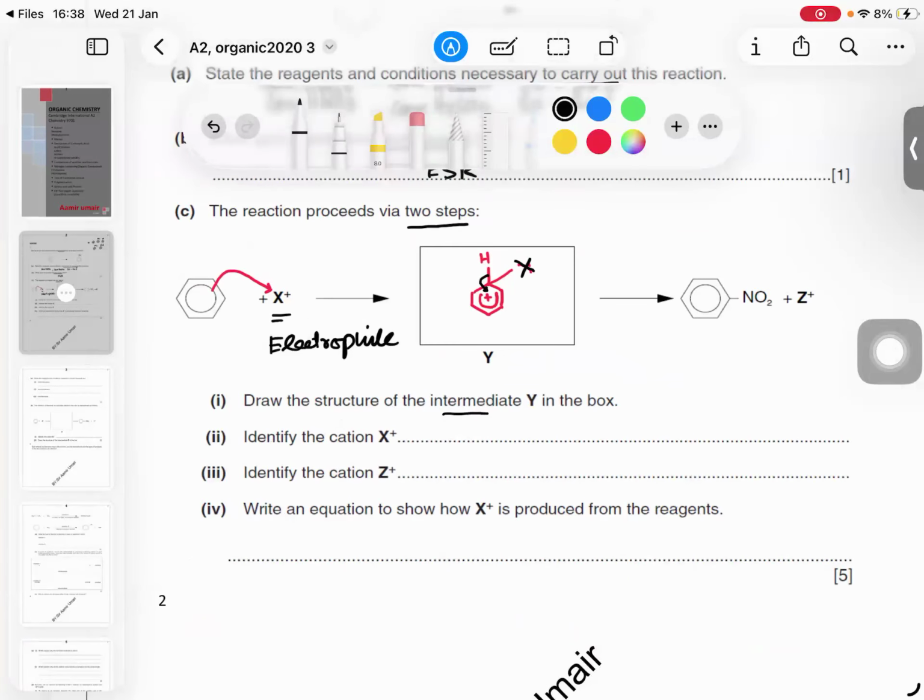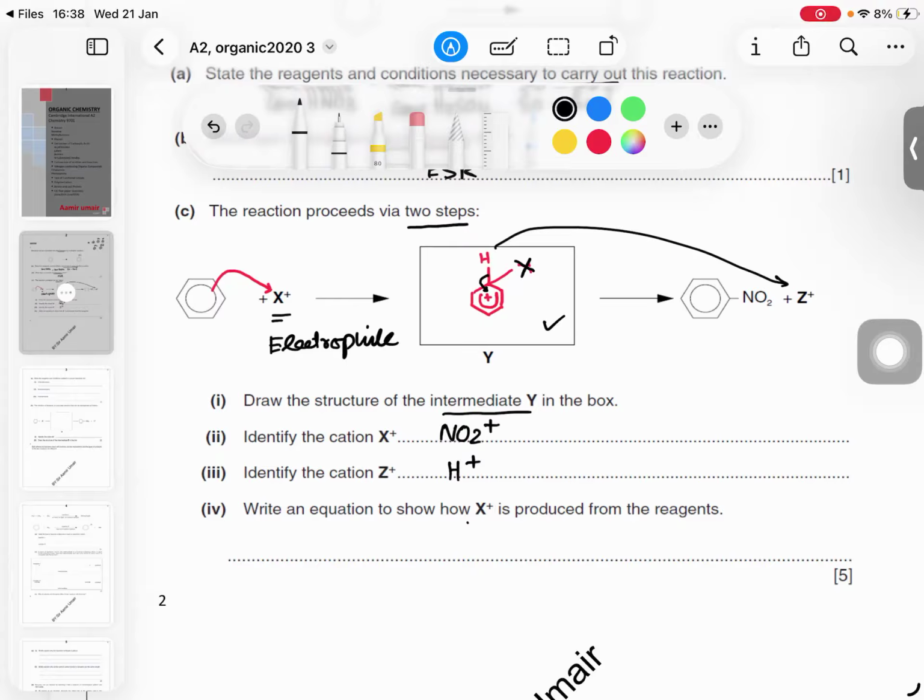Draw the structure of intermediate Y. We have drawn the structure of intermediate Y. Identify the cation X positive. It is NO2 positive. And what about Z? H positive, the hydrogen that goes off.